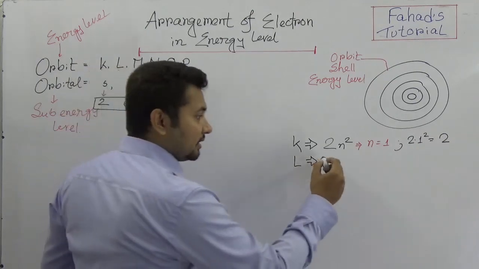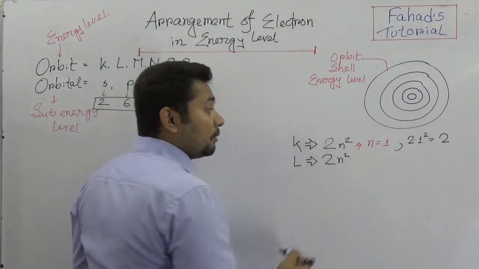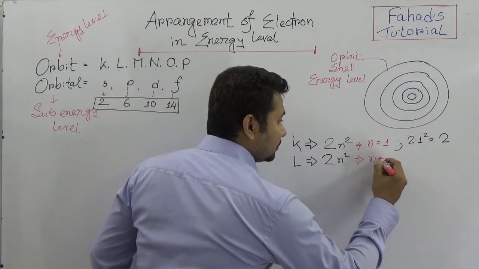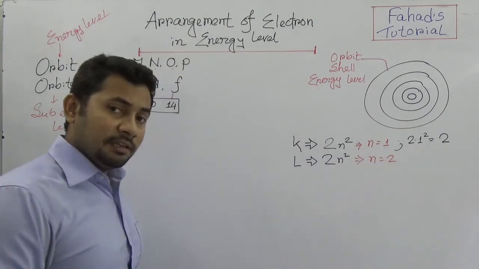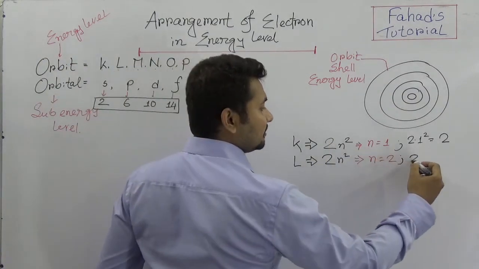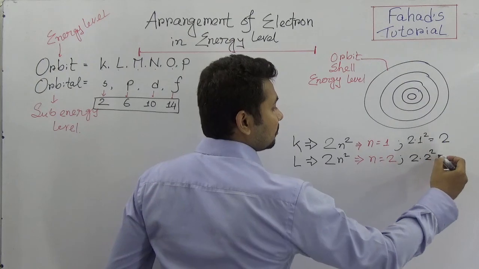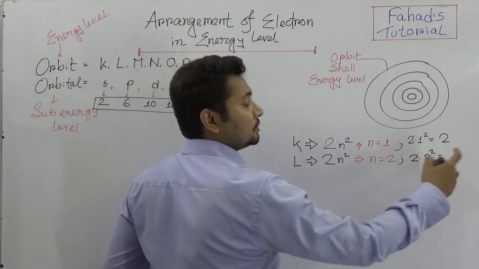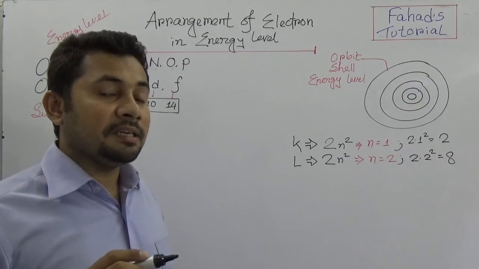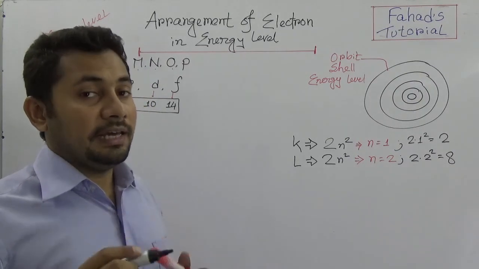With 2n squared, the L shell is energy level 2. If n equals 2, then how many electrons can be in the shell? It will be 2 times 2 squared, which is 2 times 4, that is 8. So a maximum of 8 electrons can be in the second shell or L shell.